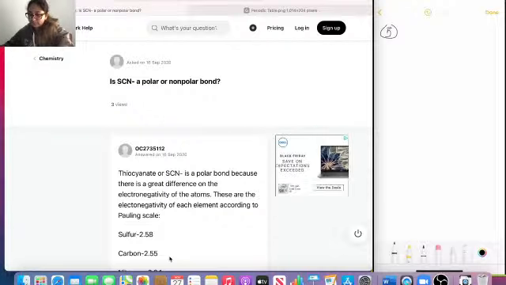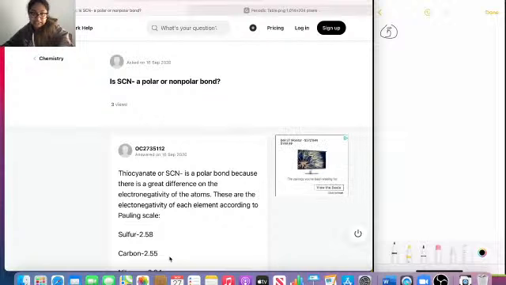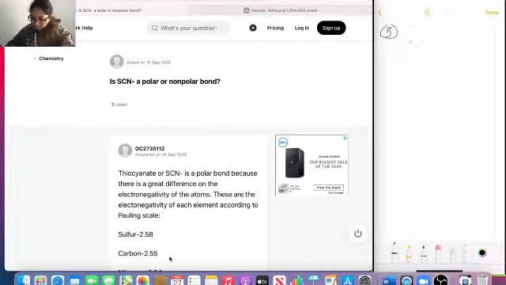So we have a question: is thiocyanate, or SCN negative, a polar bond or non-polar?